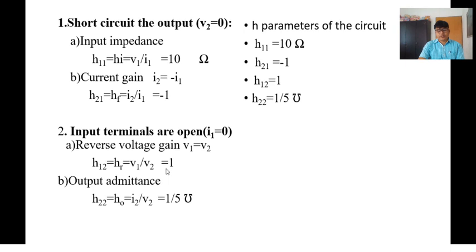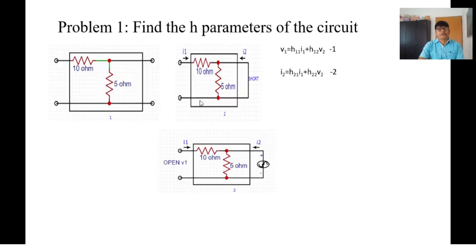Input terminal open means simply the 5 ohm resistance. So V2 is equal to I2 R2, and therefore I2 gets cancelled and you simply get 1 by 5 ohm. In this way you can calculate the input impedance, current gain, reverse voltage gain, and output admittance of this simple circuit.